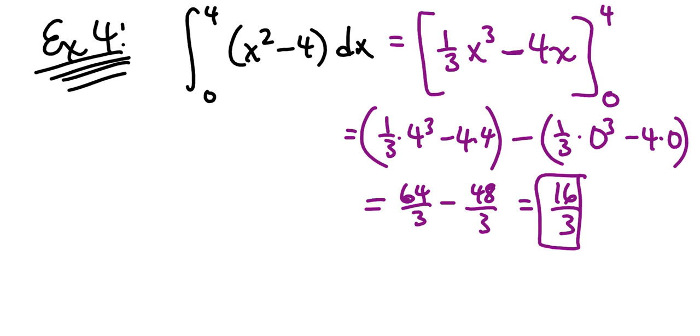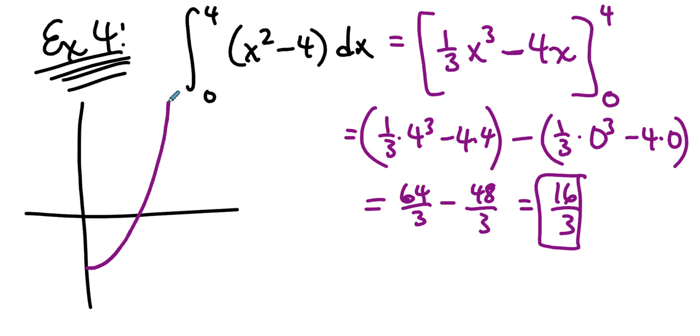Now that's going to feel a little weird when you get a look at the picture, right? Here's the picture. But here's the deal. Some of this area is above the axis and some of this area is below the x-axis. So what does that mean?